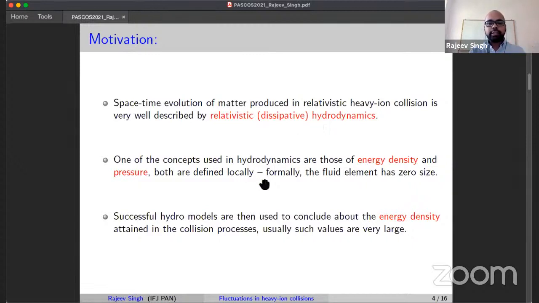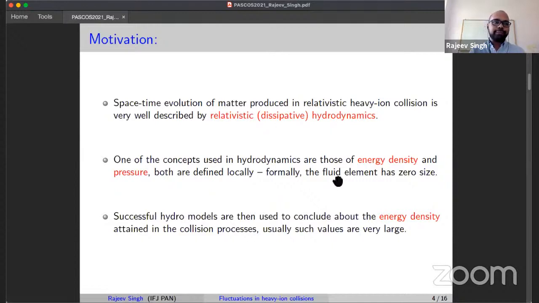I was saying that the fluid element has to be defined to get the numerical simulations of relativistic hydrodynamics. The fluid element has almost zero size. It's not zero size, but we assume it to be almost zero size.